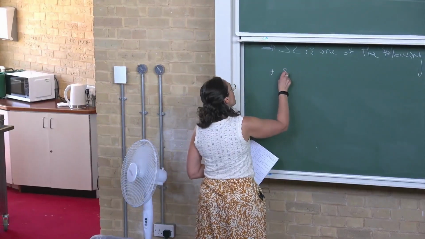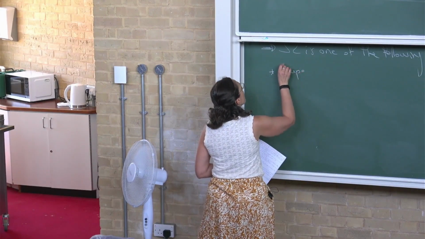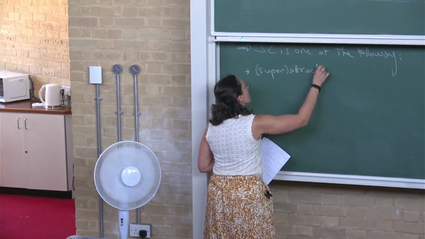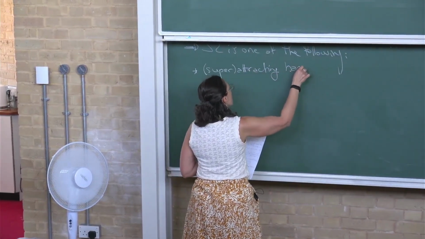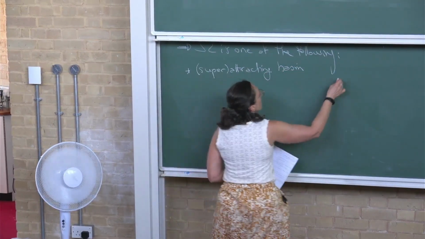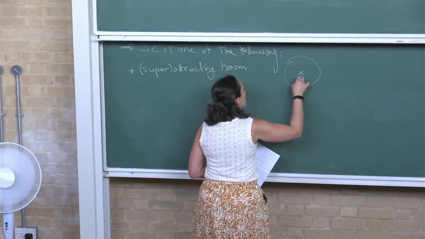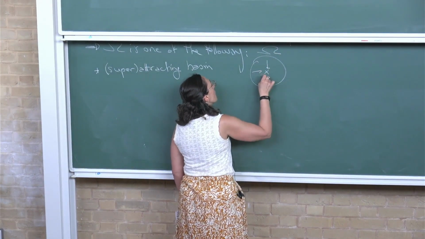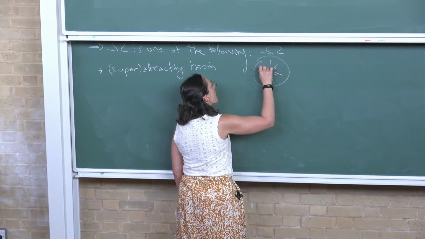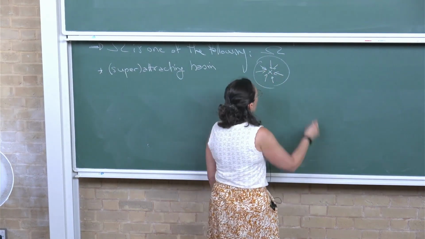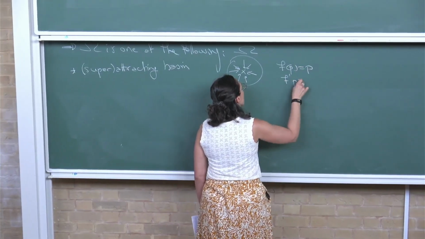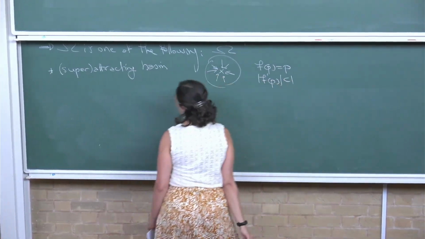So it is either a super attracting or attracting basin, meaning that you're going to have a fixed point inside omega, and every orbit is going to be attracted to this fixed point, and the derivative at the fixed point is going to be less than 1.